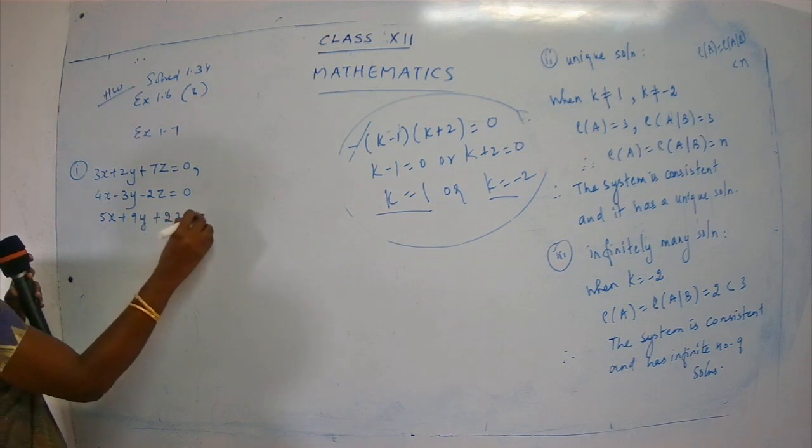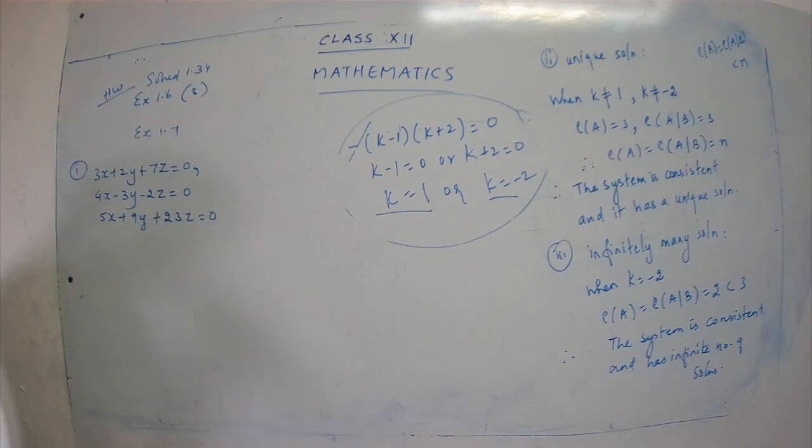This is very easy, children. We are going to follow the same steps that we followed for our previous exercise. You just transform the augmented matrix into echelon form, and you are going to get the values for x, y and z. Solving means getting the values for x, y and z.